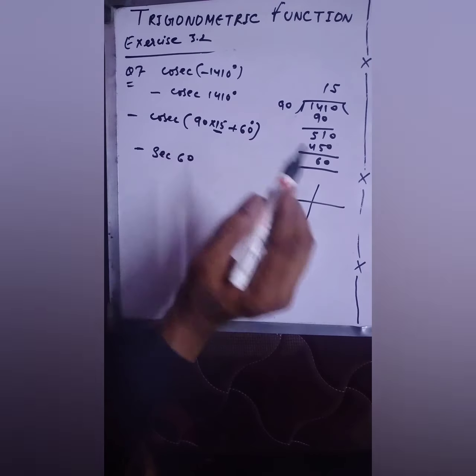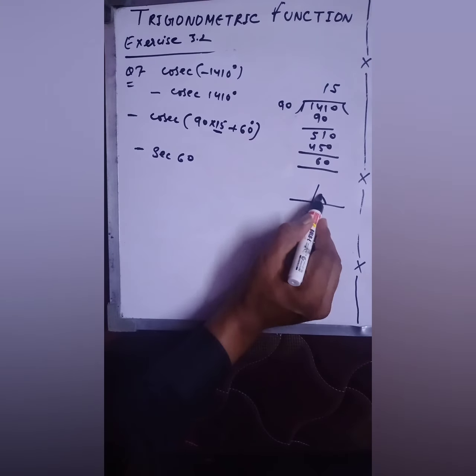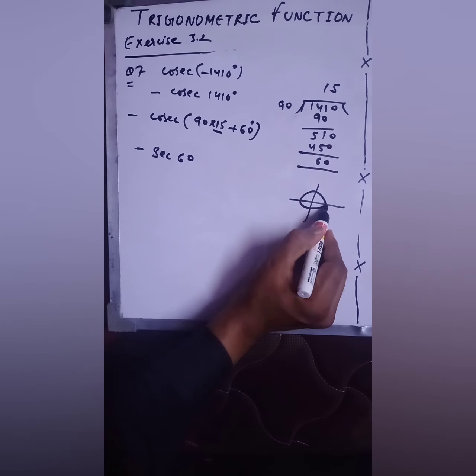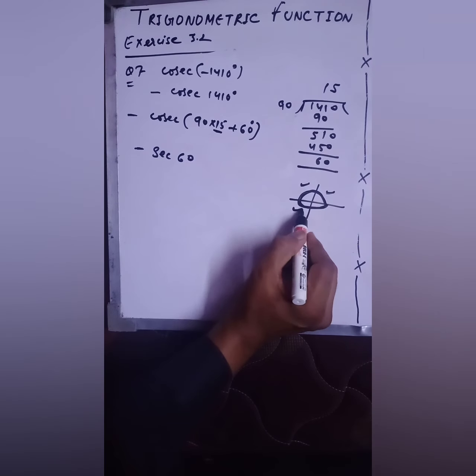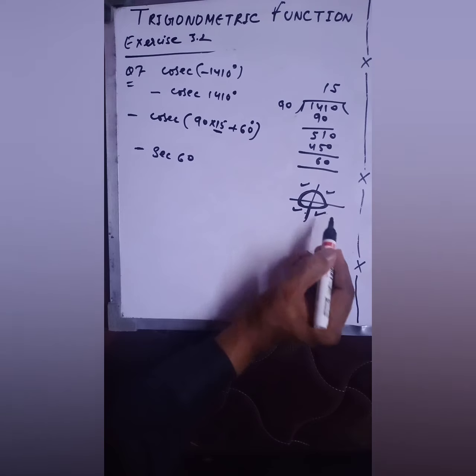So 90 into 15, so 1 complete round will give you 4 times 90, then 8, 12, then 13, 14 and 15. Then plus 60 means if we add 60, the value will come in the fourth quadrant.